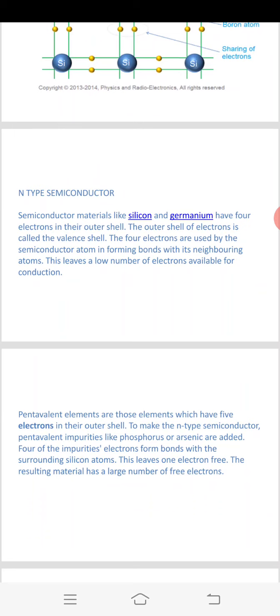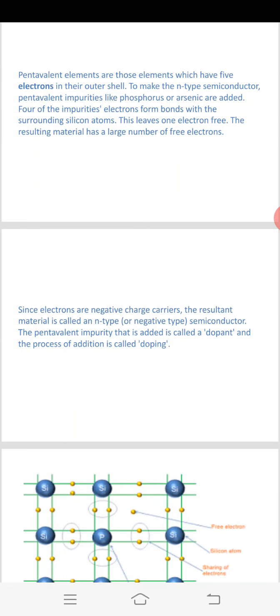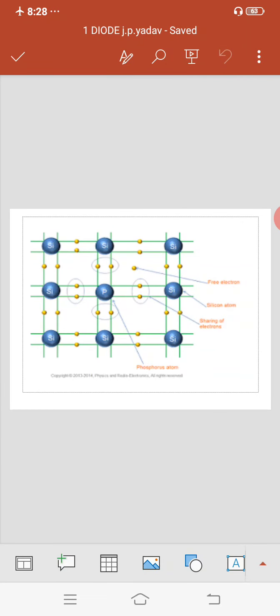This atom is doped into the intrinsic semiconductor. Silicon has 4 electrons in its outer shell and requires 4 more electrons.